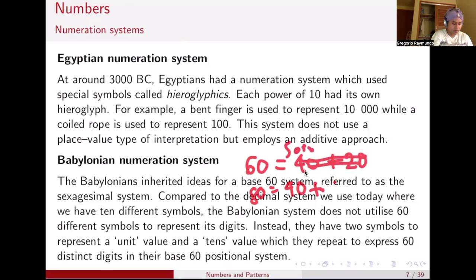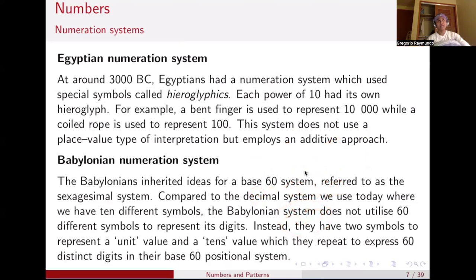Ang 80 pala ay 4 times 20. Hindi pala siya sexagesimal.